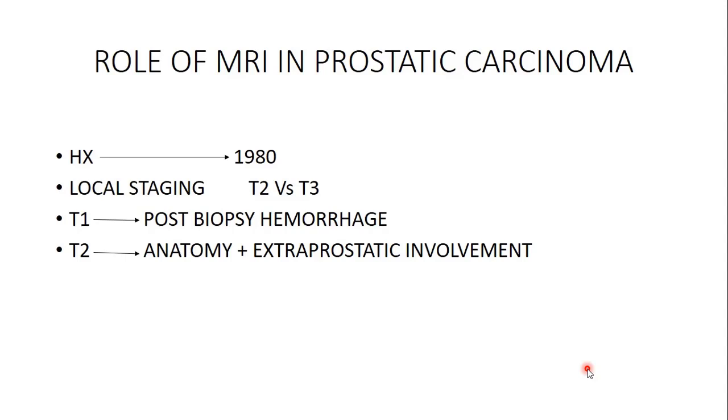With the improvement in magnets in the past years, there is improvement in the overall quality of the MRI. Nowadays, a 1.5 Tesla magnet along with endorectal coils, or 3 Tesla magnets, are usually recommended.